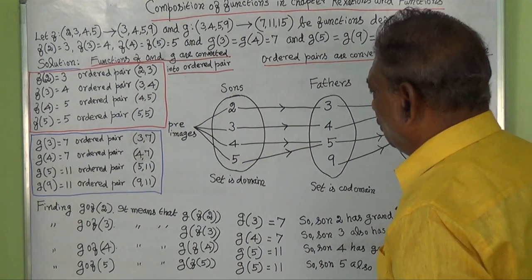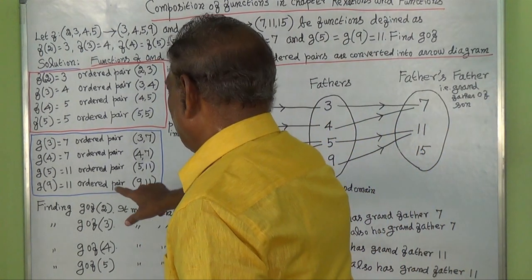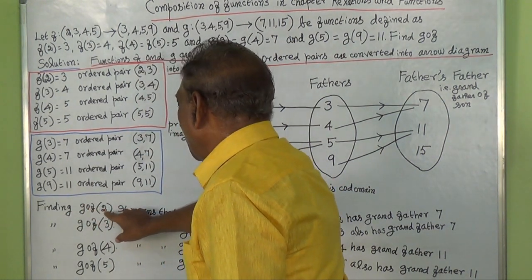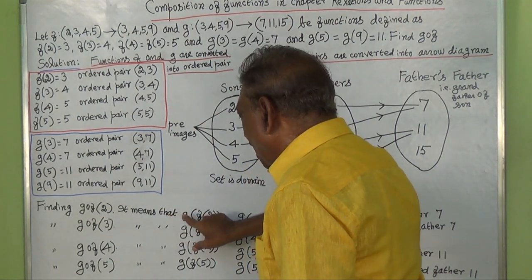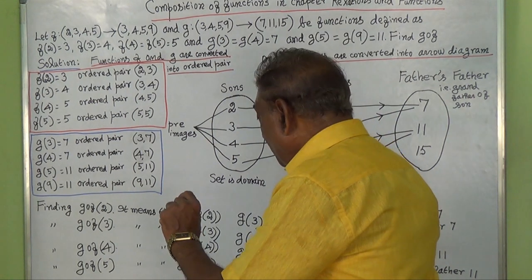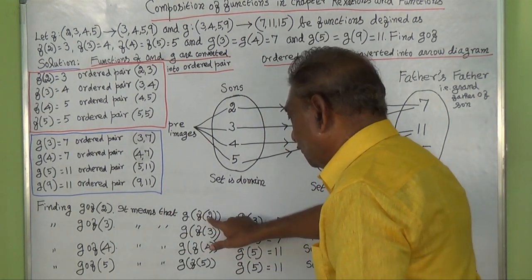We can also explain this as G of F. Finding G of F of 2. It means G of F of 2. First of all, we have to find the F of 2.